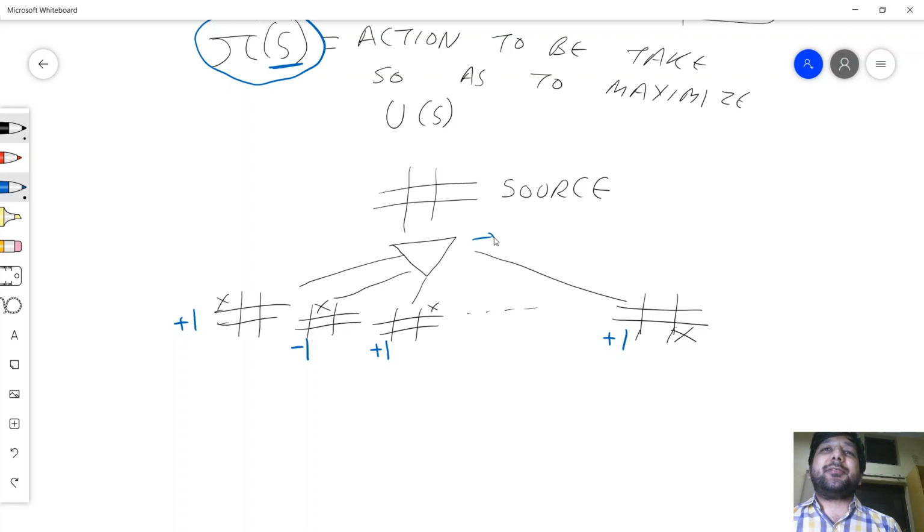What Max tries to do is take the action which maximizes the expected returns. And because it tries to maximize the expected returns, I say the utility of this state for Max is, I'll choose the action which maximizes my return. So the maximum of +1, -1, +1, all the way up to a +1, which is a +1.